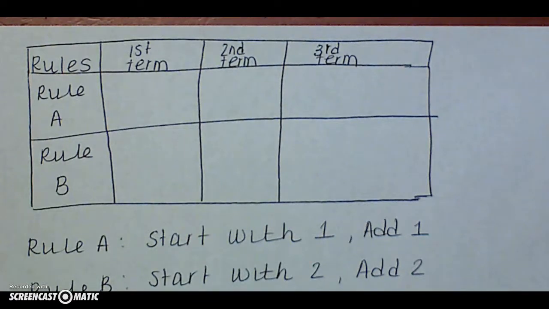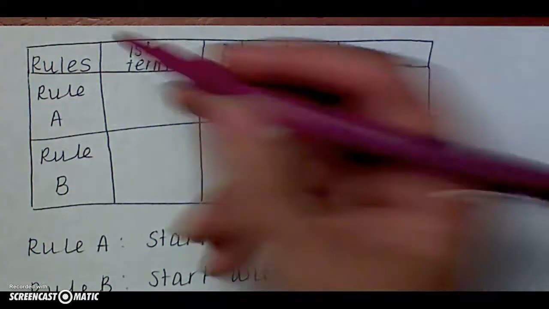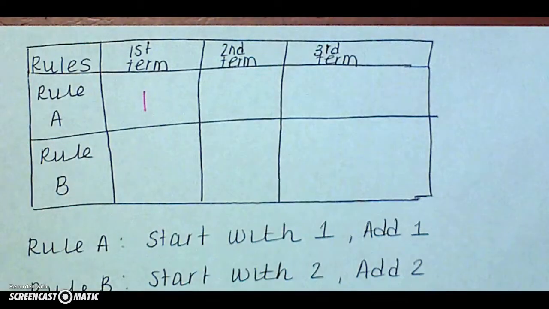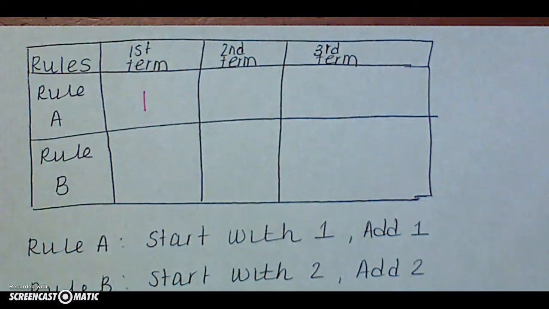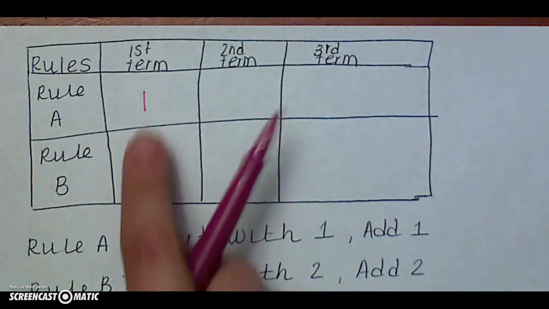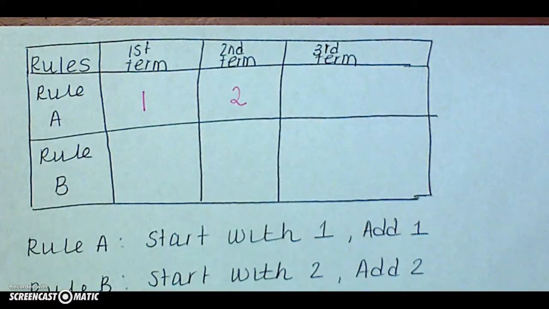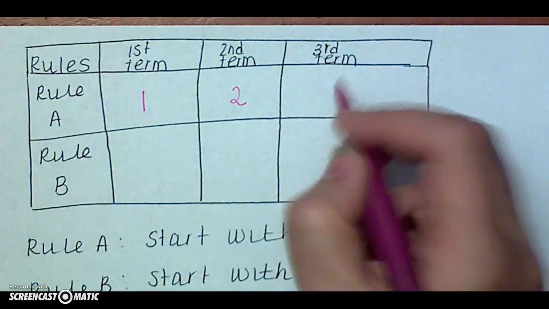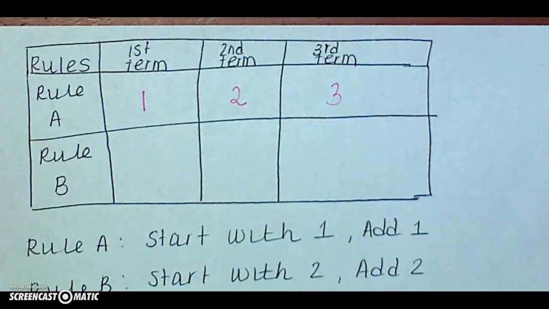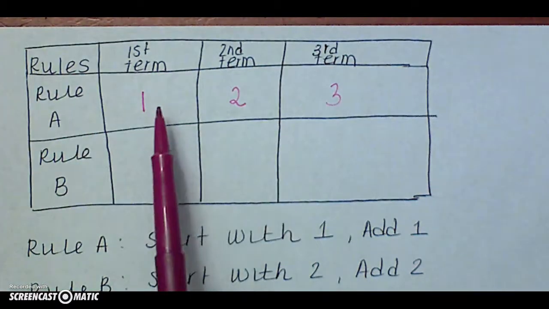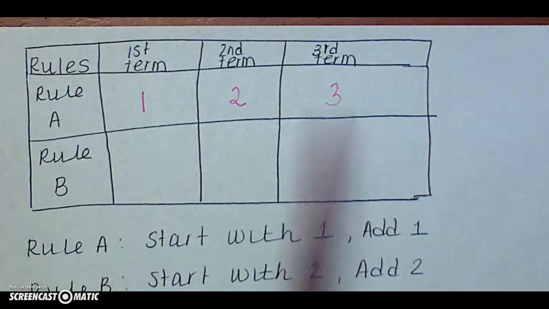So for rule A, let's just do that first. Start with 1. So the first term is 1. And then we add 1 as we go along. So 1 plus 1 is 2, and 2 plus 1 is 3. So for rule A, my first term is 1, my second term is 2, and my third term is 3.